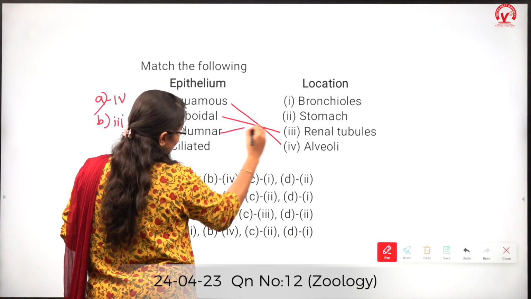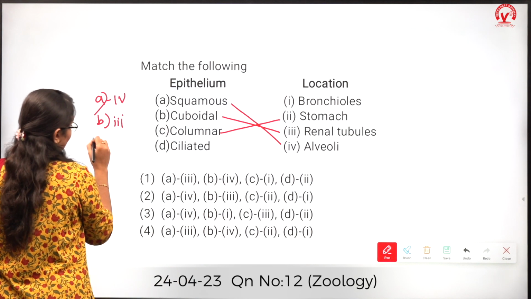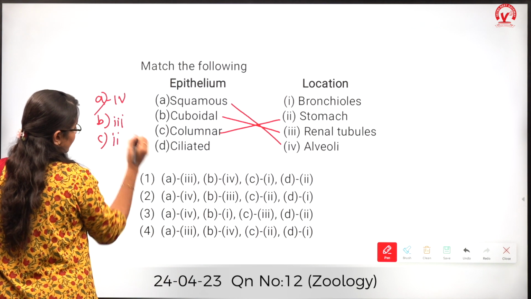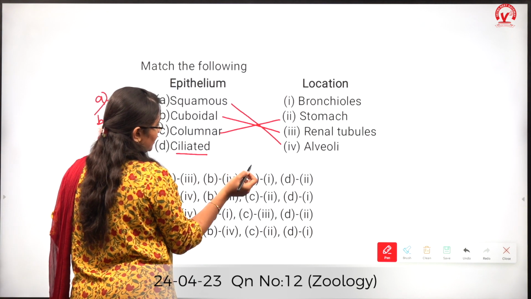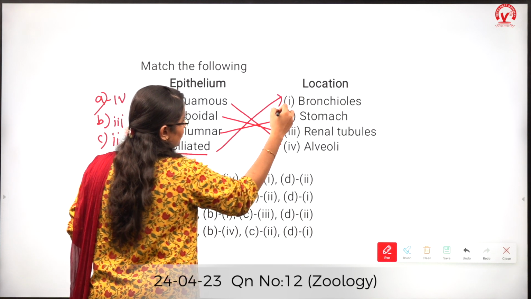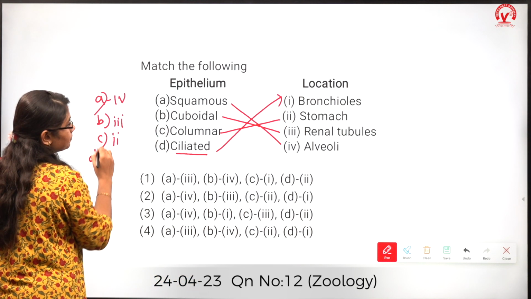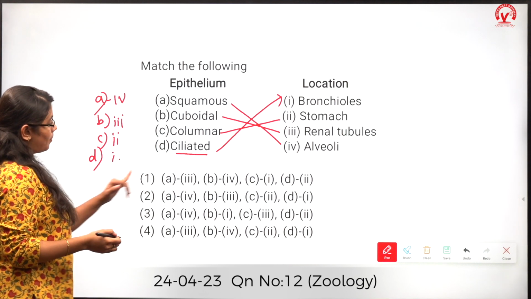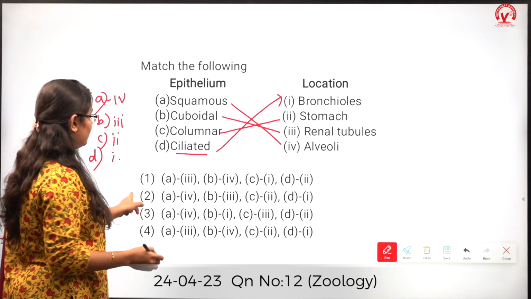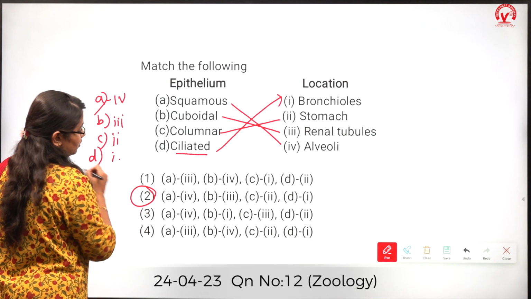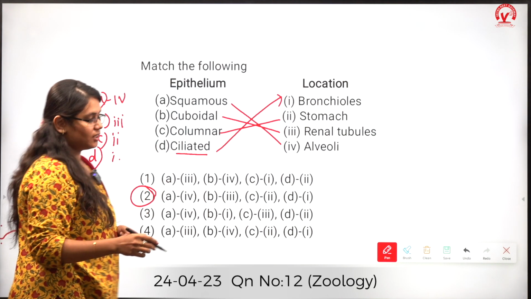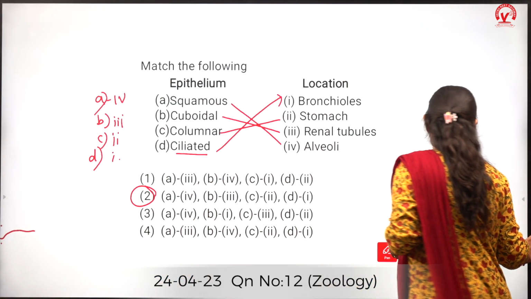Columnar epithelium is seen in stomach and intestines. So C, second option. And ciliated epithelium is seen in bronchioles. So D, first option. So among these options, the correct option will be option 2, where we have matched the epithelium along with the location.